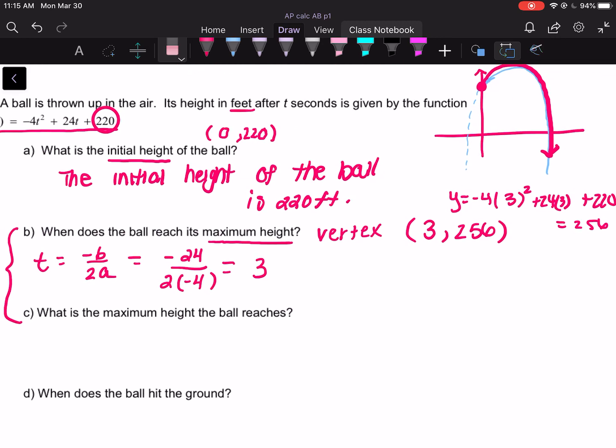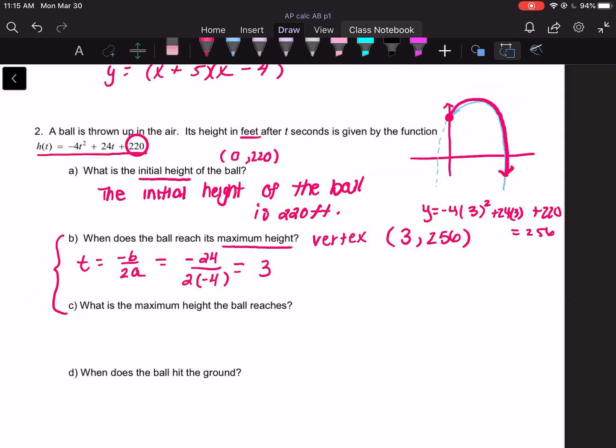We know anytime the problem asks for maximum or minimum, you have to know what represents x, what represents y. Well, in this case, t seconds is your x. So this is your time, how many seconds. We know that your y, or h of t, is representing the height.